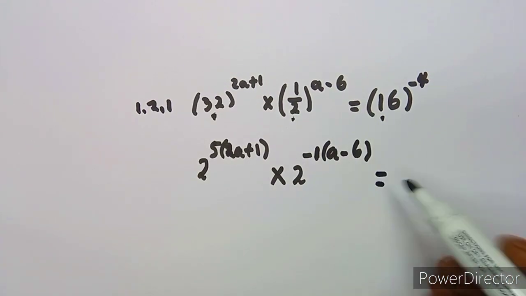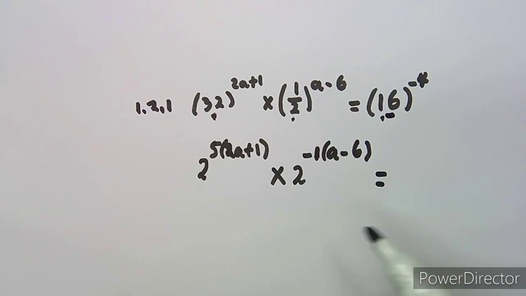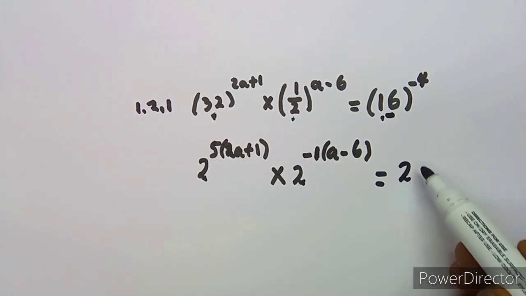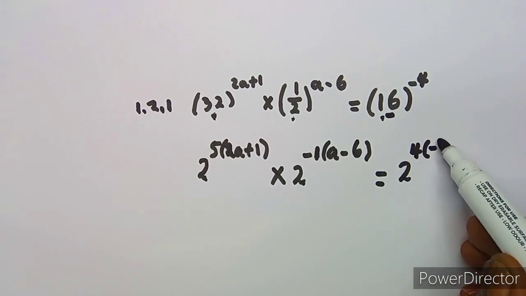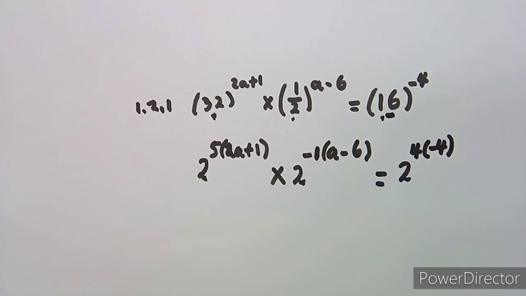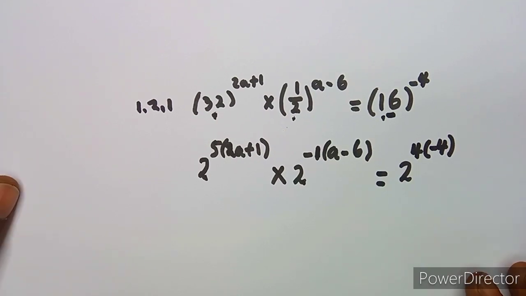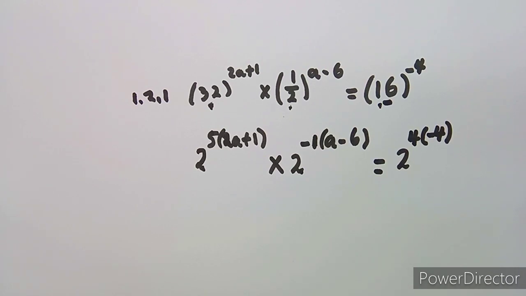All right, we move on to 16 in the same base of 2, which is 2 to the exponent of 4. But already there is an exponent of minus 4, which is already there. So you have to involve that exponent, guys. All right, then now, as you can see, we can expand brackets. Depends with what you want.